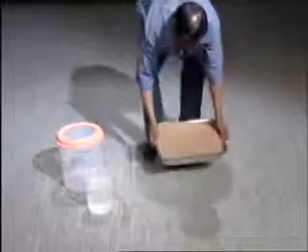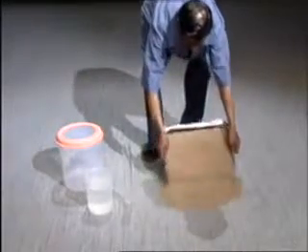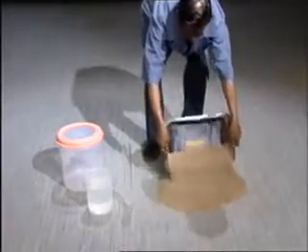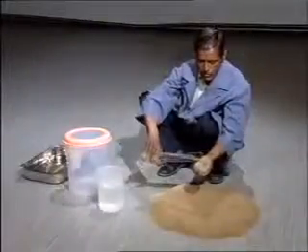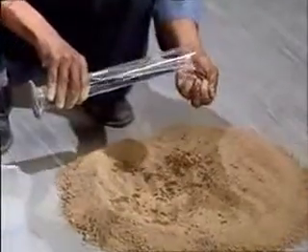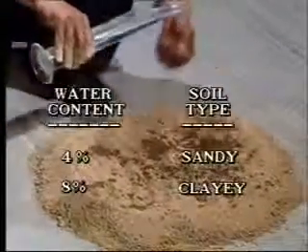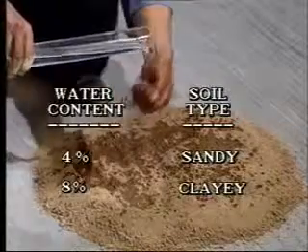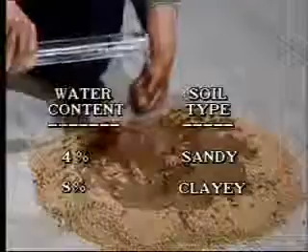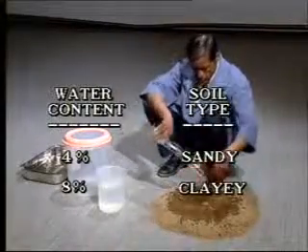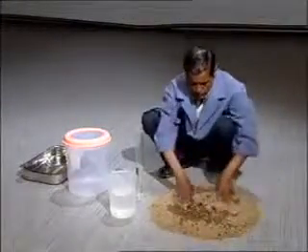To start with, take a representative soil sample of about 12 to 14 kg. Add water to it to bring the water content to about 4% if the soil is sandy and to about 8% if the soil is clayey. Mix the water in the soil properly.